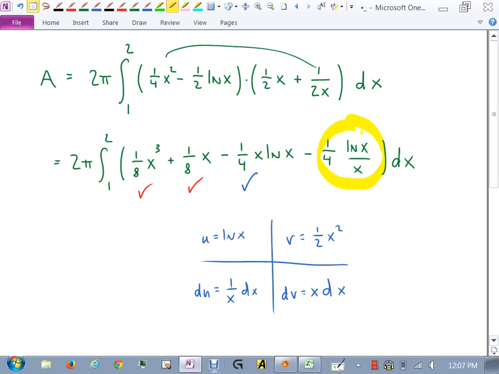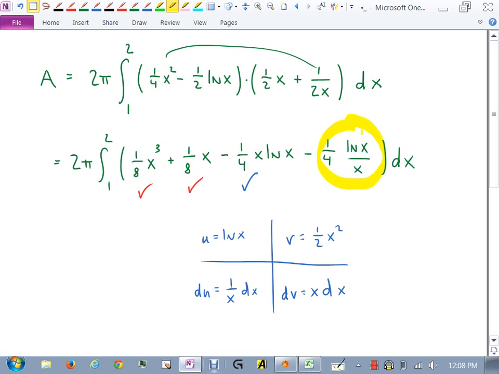Okay, so 2 points to the first person who can tell me how to do it, no calculators.